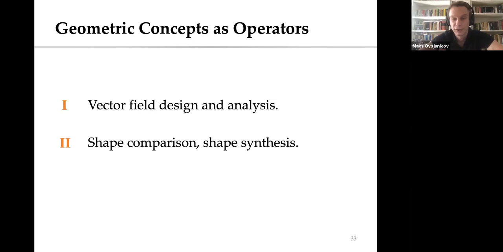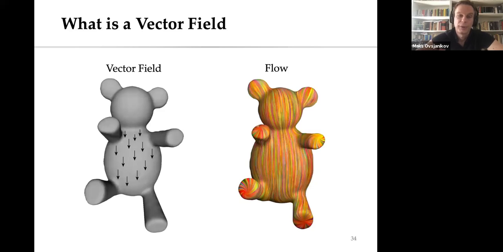I'll briefly give an overview of these two directions. The first one has to do with vector field analysis and vector field design. On the surface, it doesn't seem closely related to shape correspondence, and why would vector fields be represented as linear operators?